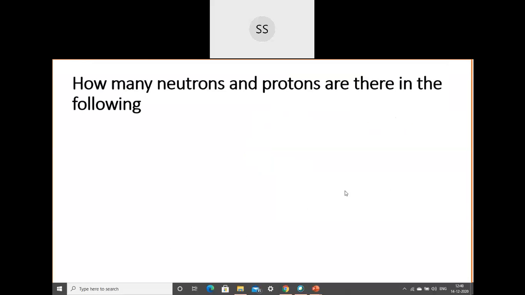So here are a few questions you can expect from these formulas. So here one question I've taken here. See, I will give you a problem. You can tell me what are the number of protons and neutrons present in the few species which I'm going to give it to you. So for example, if I give you now C 6 13, can you tell me how many neutrons, how many protons are there in this?